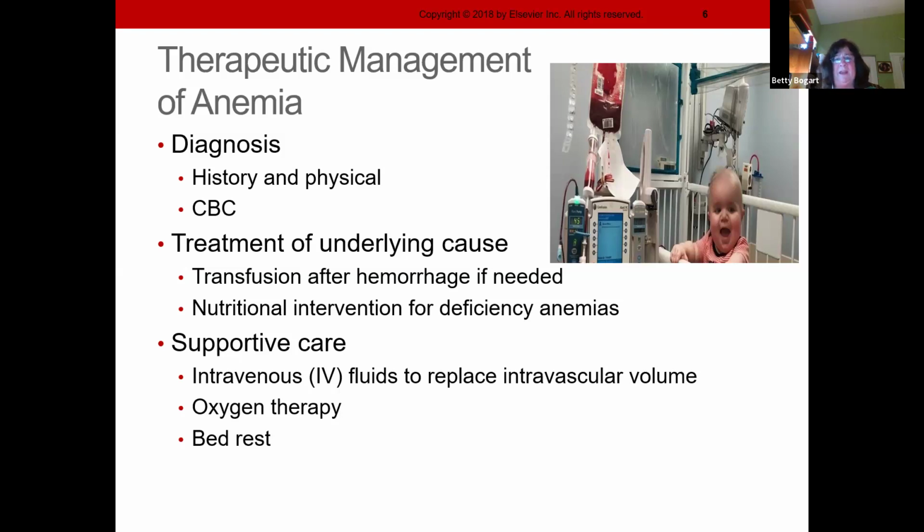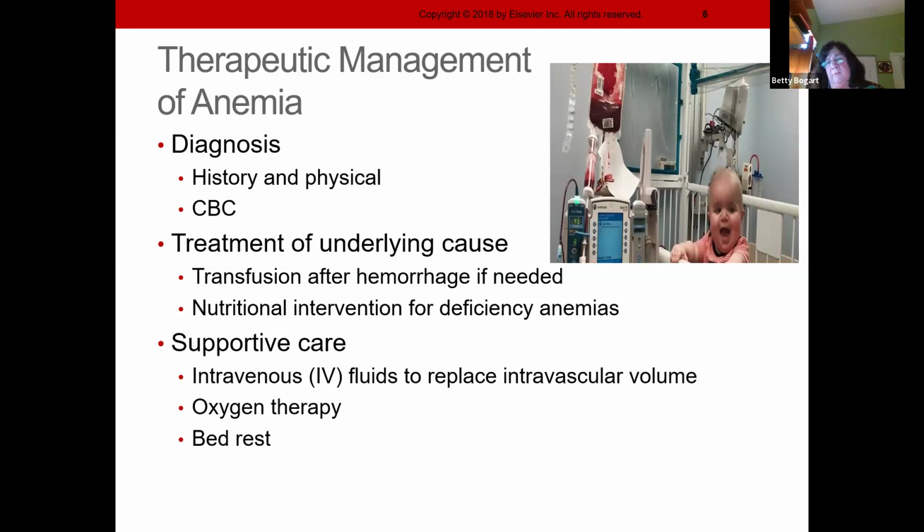Now, sometimes the hemoglobin and hematocrit are so low that we do have to give a blood transfusion. I see a lot of sickle cell disease where they come in and their hemoglobin is 5 or 6, very, very low. And that's dangerous. So we do give blood transfusions.